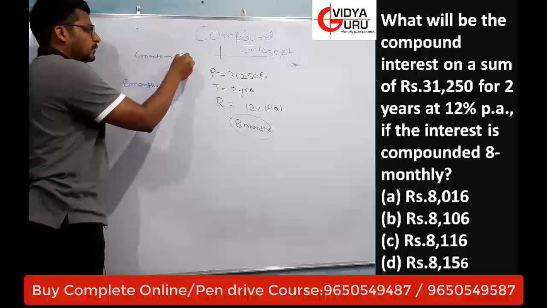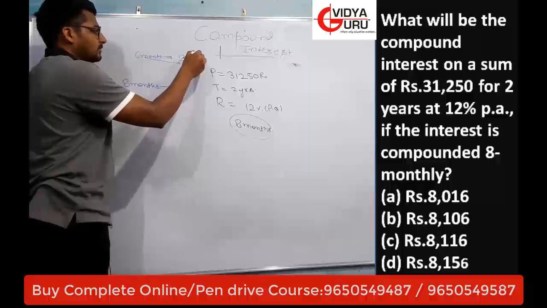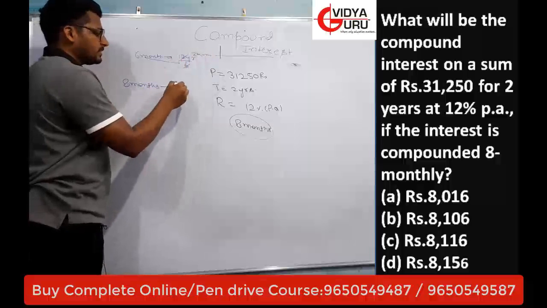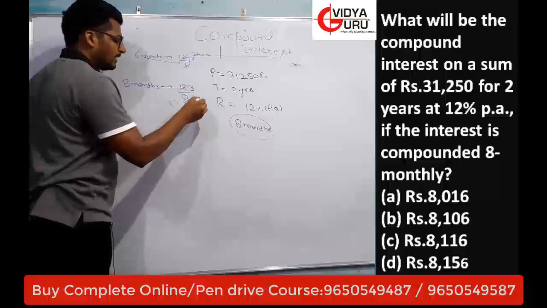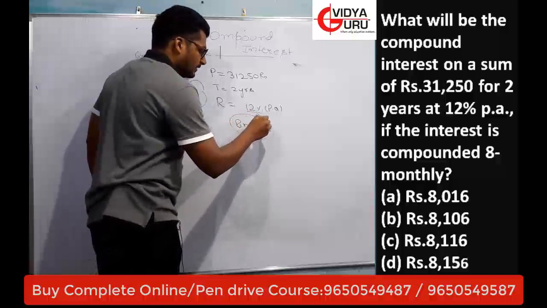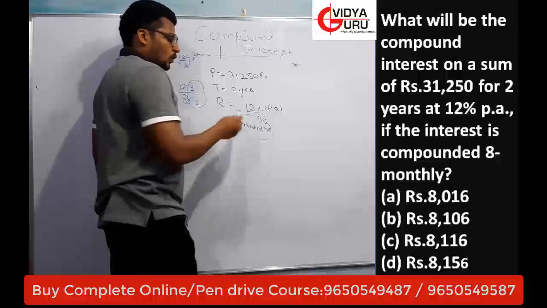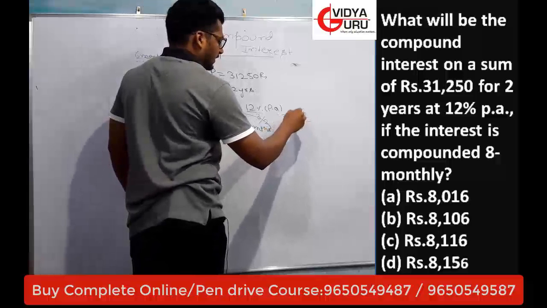In 1 year there are 12 months, so I have divided by 6. For 8 months in a year, 8 months come 3 by 2 times. So I will divide this rate by 3 by 2, which will come 12 into 2 by 3, 8%.